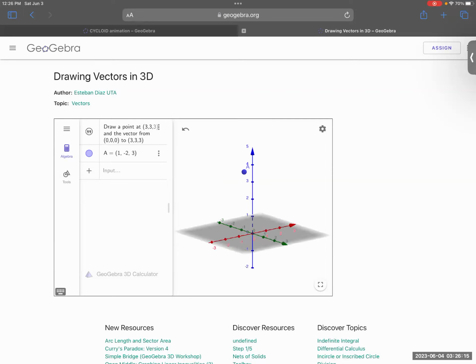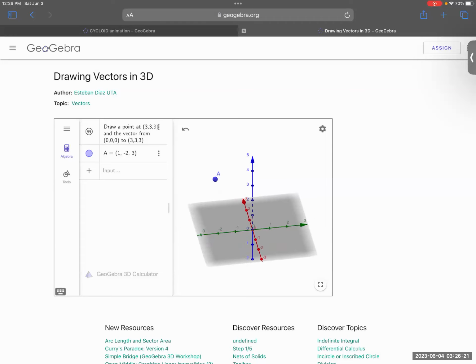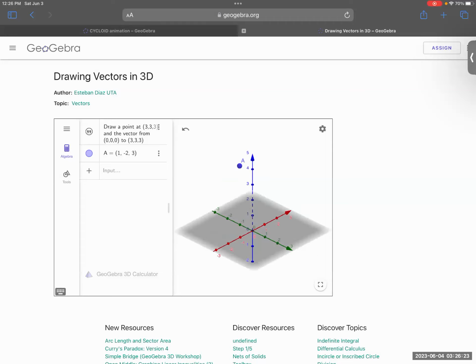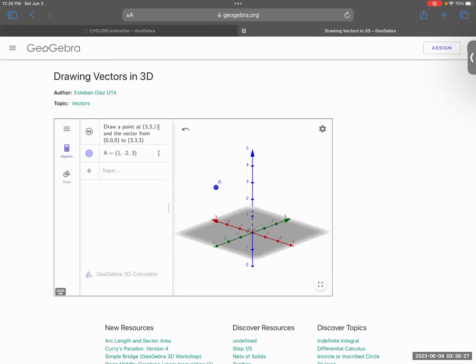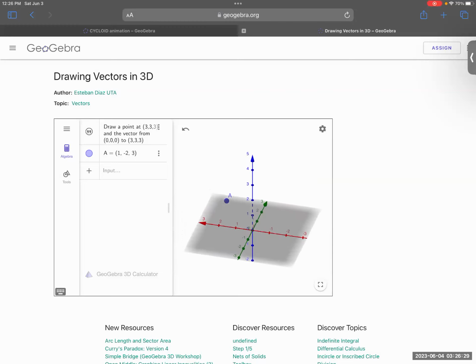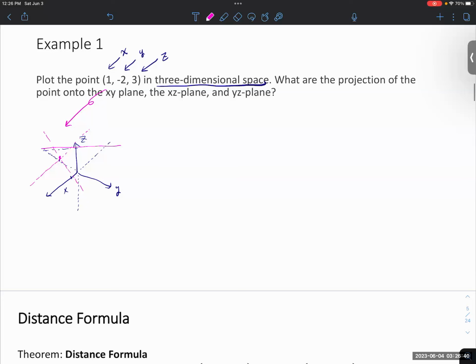So just be aware, 1 is from the x-axis, -2 is from the y-axis, I believe that is the green line, and then 3 from the blue line, that is the z-axis. So that's your image of 1, -2, 3. And then let's go back to here.